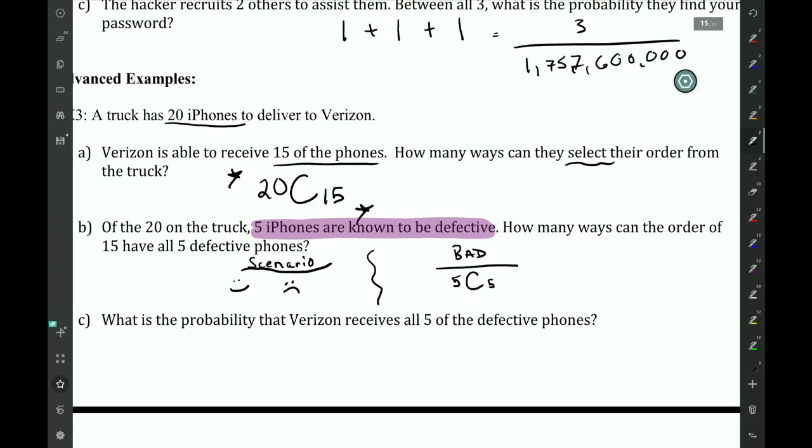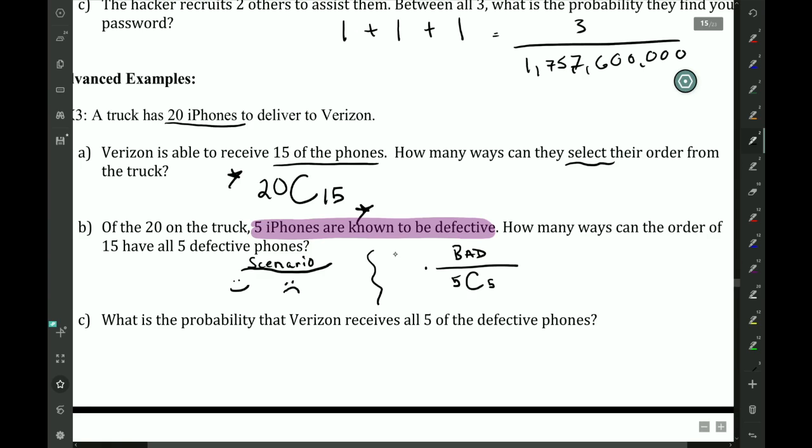Now, the good phones have a total order of 15. If 5 are defective, 10 must be good. So of the 15 good phones, I'm picking 10 of them.